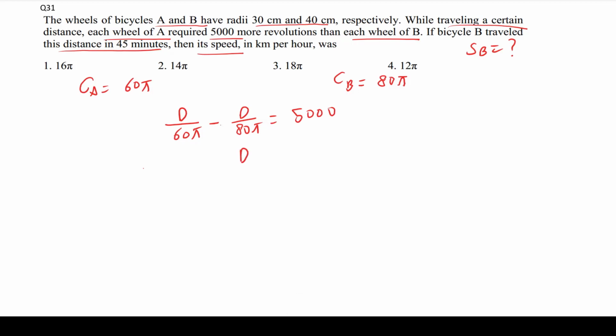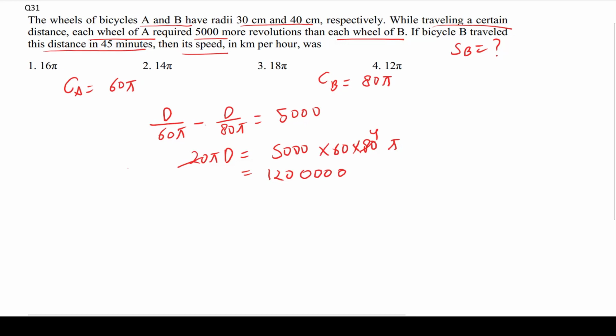Now d times (80 minus 60) upon 60 times 80 pi equals 5000, so 20 d equals 5000 into 60 into 80 pi. There will be no pi in the calculation, so d will be this much centimeter.